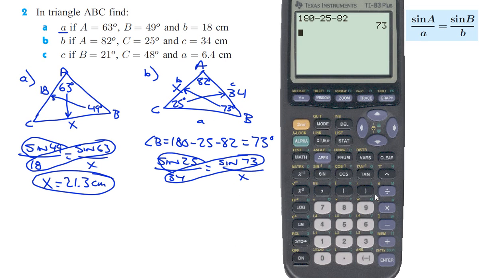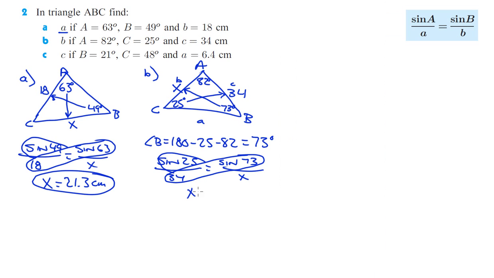All right, so we'll do 34 sine 73 equals 32.5, and we're going to divide that by sine of 25, and that gives us 76.93. So x equals 76.9 centimeters.